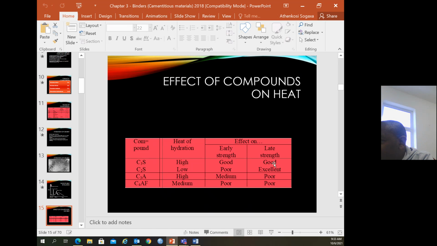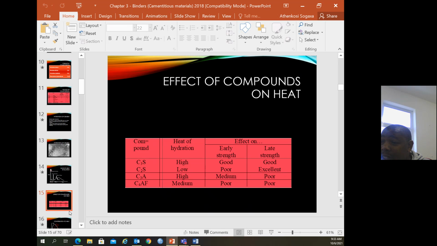Now, it's good. When it comes to dicalcium silicate, it's poor for early strength. It takes time to harden, but it's excellent after 28 days, when it becomes very strong. Tricalcium aluminate is medium early and poor at the later stage, and C4AF is poor and poor.